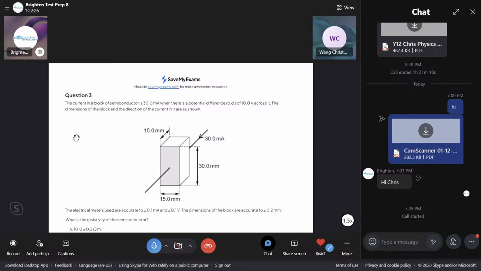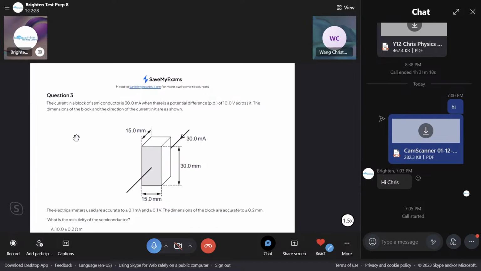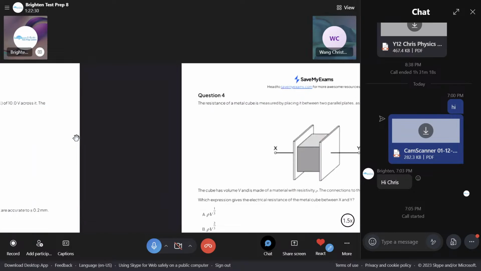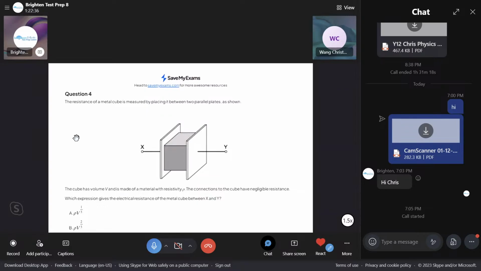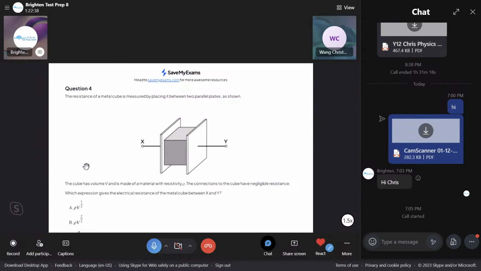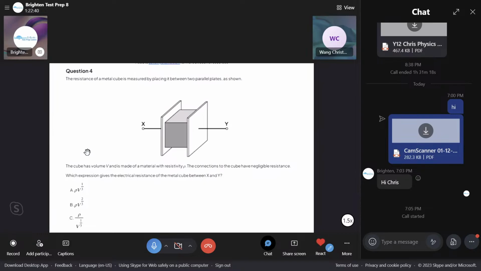I think this one is more interesting. Yeah, let's take that one. And in relation to the time we have left, the resistance of a metal cube, 2 parallel planes. So, okay.